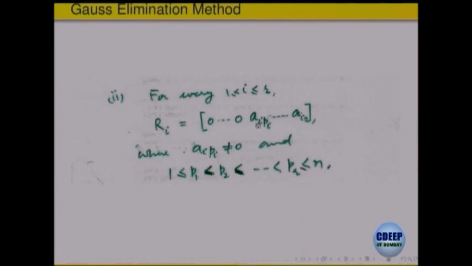The first non-zero entry should be a i p i. So, that p i is less than the number of columns. So, that means in the p i th column the first non-zero entry appears. This is the i th row, and at the p i th column the first non-zero entry appears.